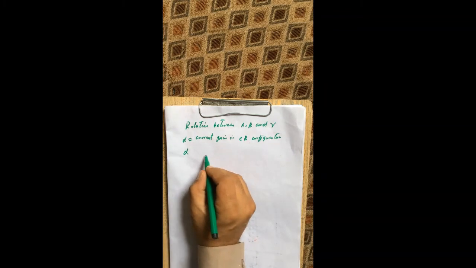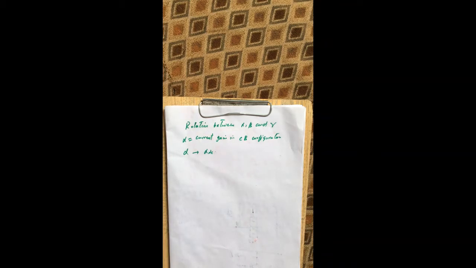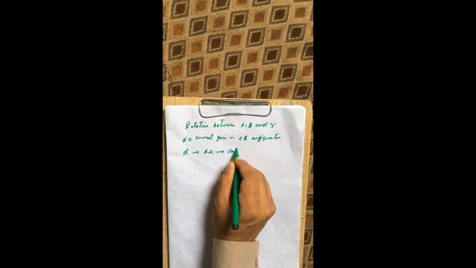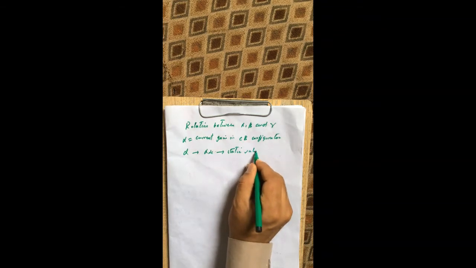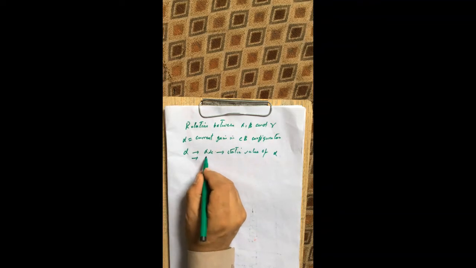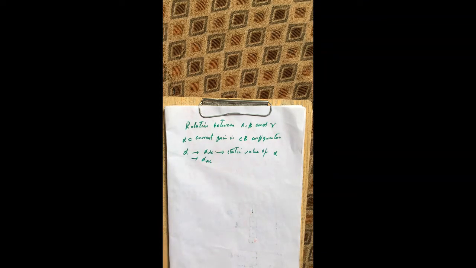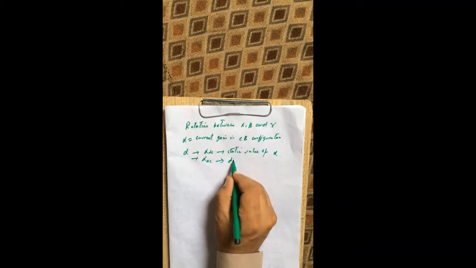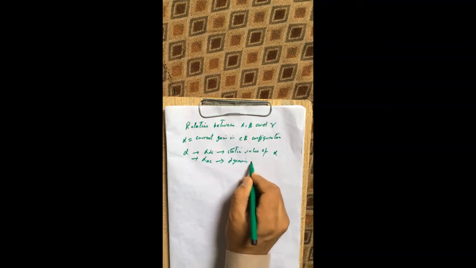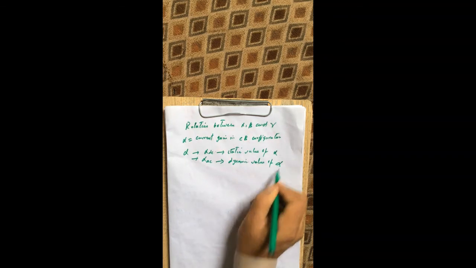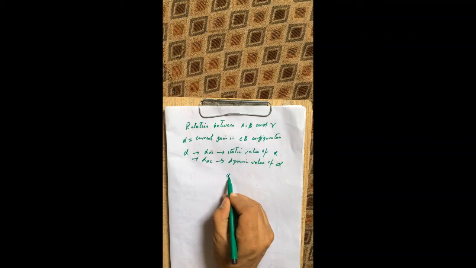One is alpha DC, which is the static value of alpha, and the other one is alpha AC, which is the dynamic value of alpha. We can say it as a change in values. So alpha can be written in two forms.